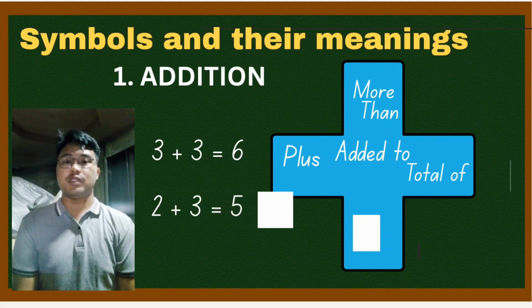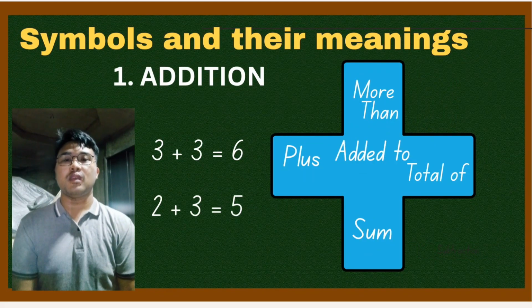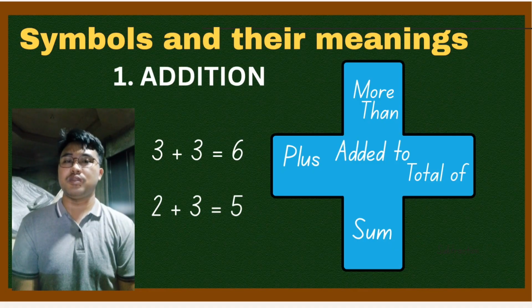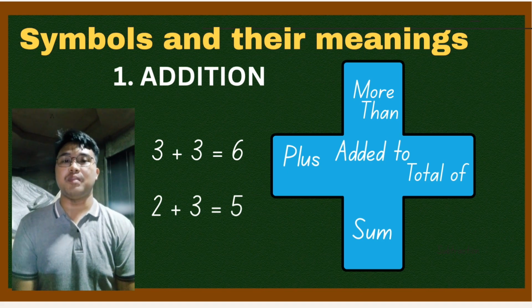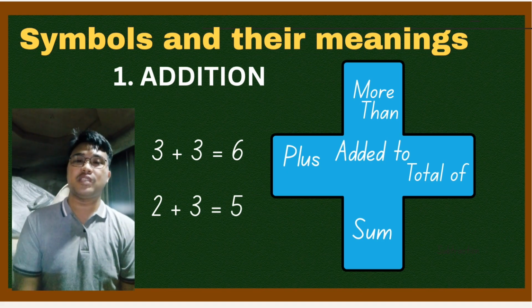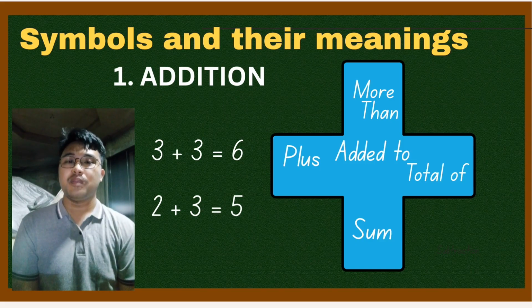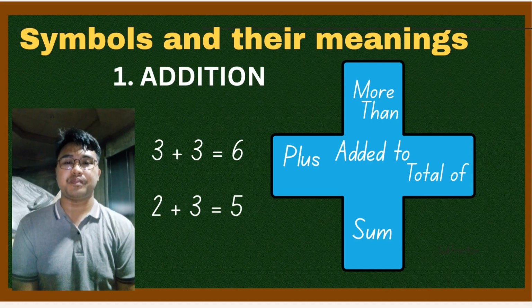So the first symbol is the addition. The addition symbol is used when we combine or put together two or more numbers to find their total or sum. It tells us to add the numbers. So for example, 3 plus 3 is equals to 6. So we add 3 and 3 to get 6.